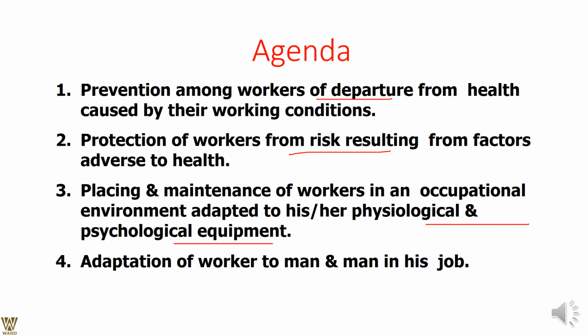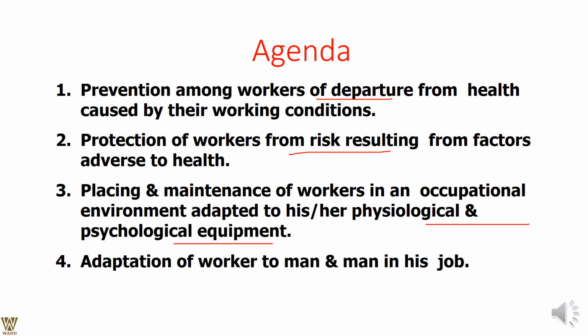So there is a perfect coordination and marriage between the person and the job. So we are looking at the health conditions that arise because of occupational things, trying to balance the mental ability and the physical qualities required for the job, and definitely having the right temperament fit in the person.